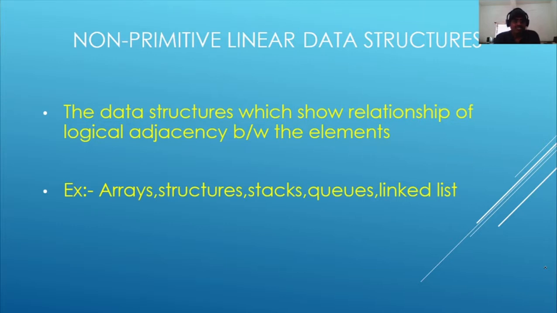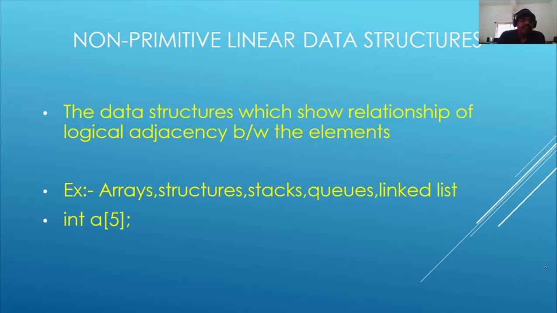It shows the relationship between the different elements stored in the data structure. Such data structures we call linear data structures. Examples are arrays, structures, stacks, queues, and linked lists. These are the data structures which show the logical adjacency between the elements that are stored in the data structure. Is it right? Now, we'll see an example for this.